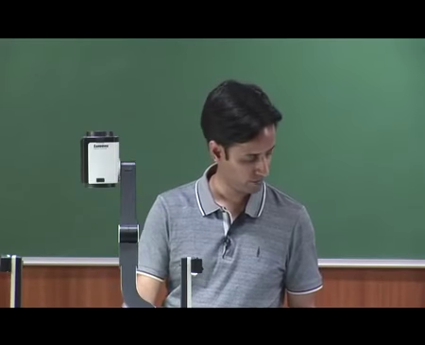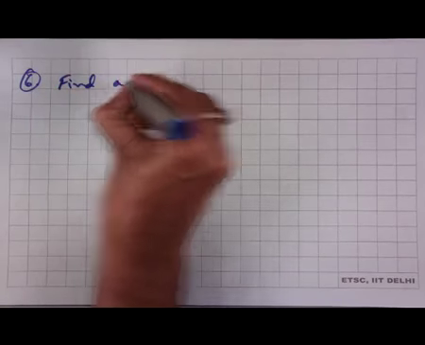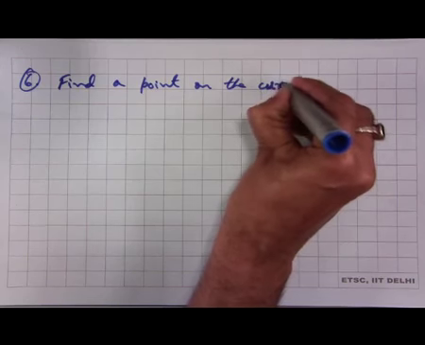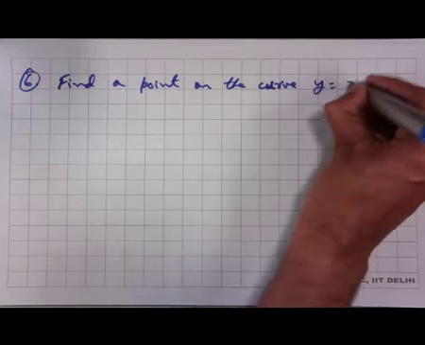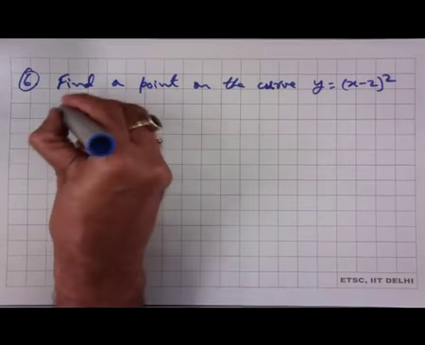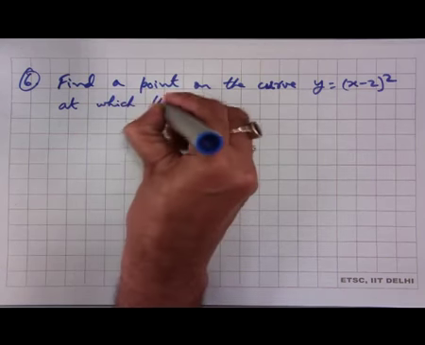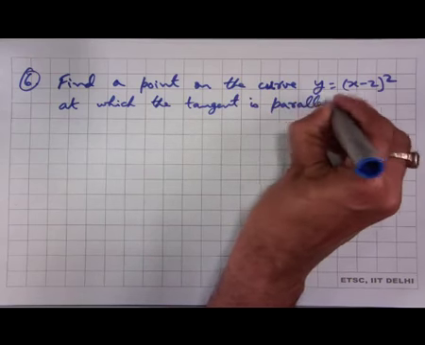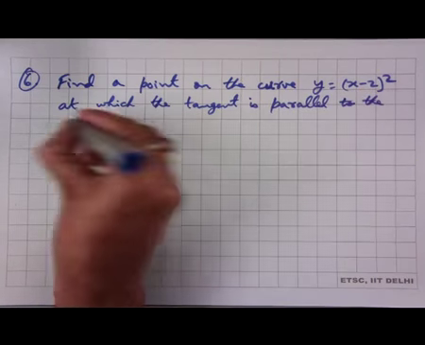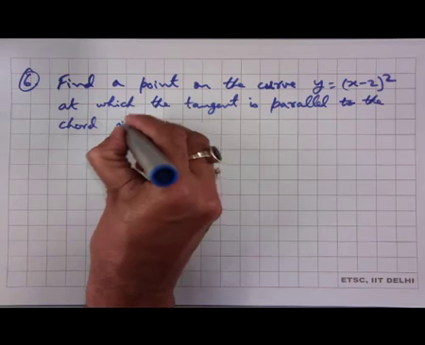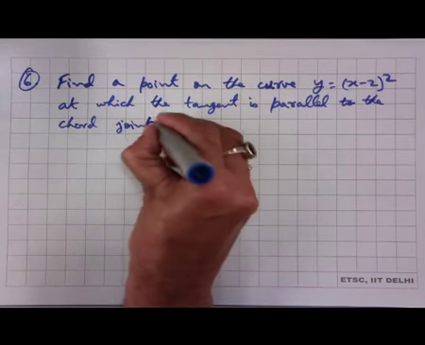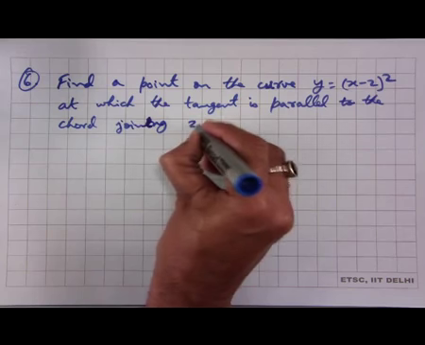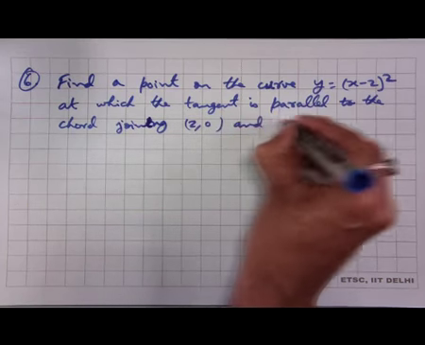Okay. The next problem: find a point on the curve y is equal to x minus 2 squared, at which the tangent is parallel to the chord joining (2, 0) and (4, 4).